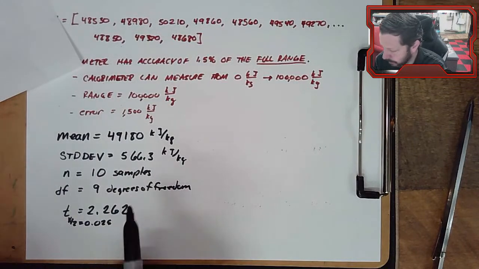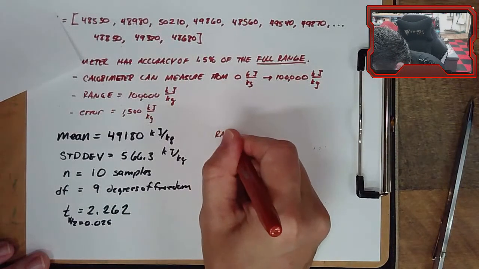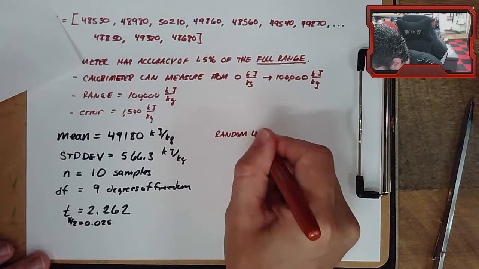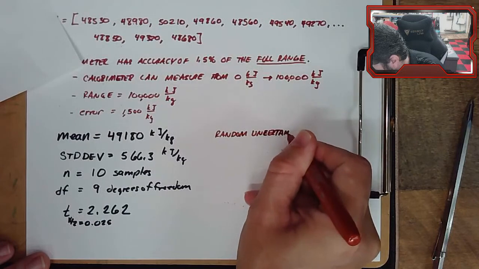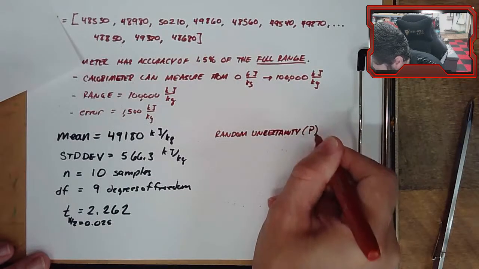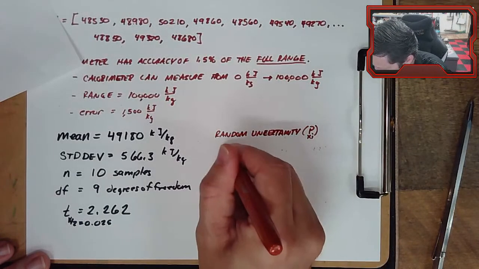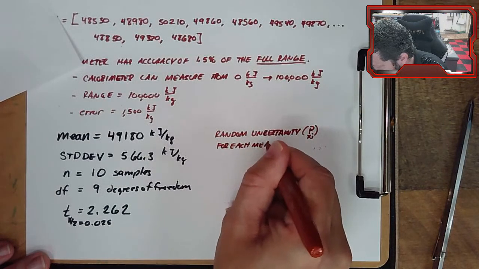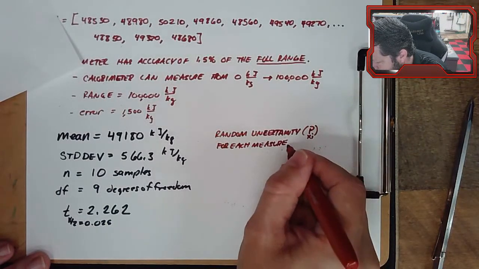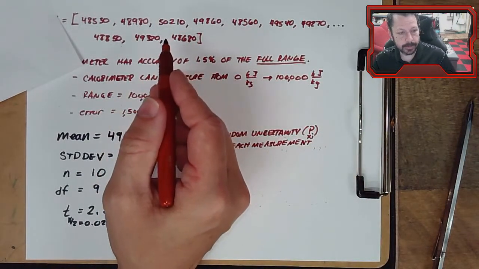So the random uncertainty for each measurement would be P xi, because it's for each measurement. And it doesn't mean that we go in and do each measurement individually.